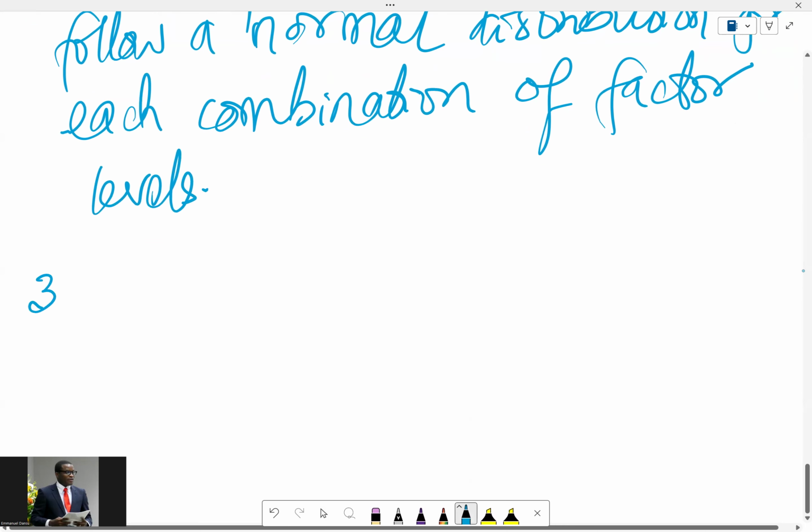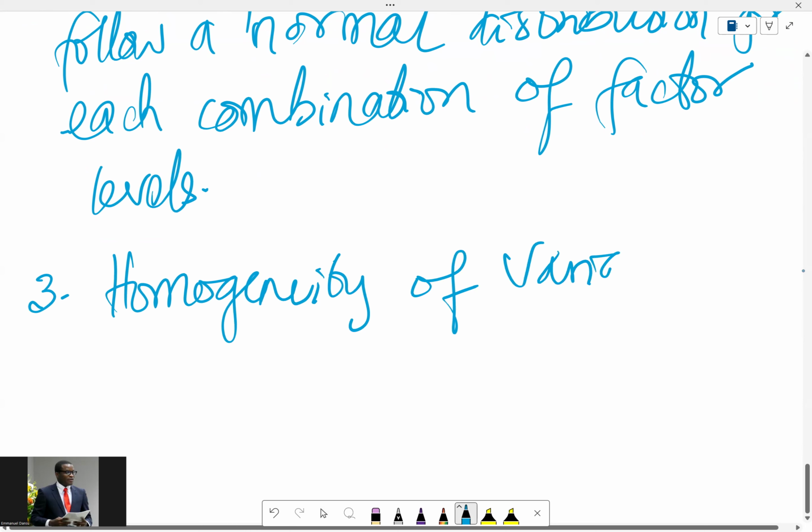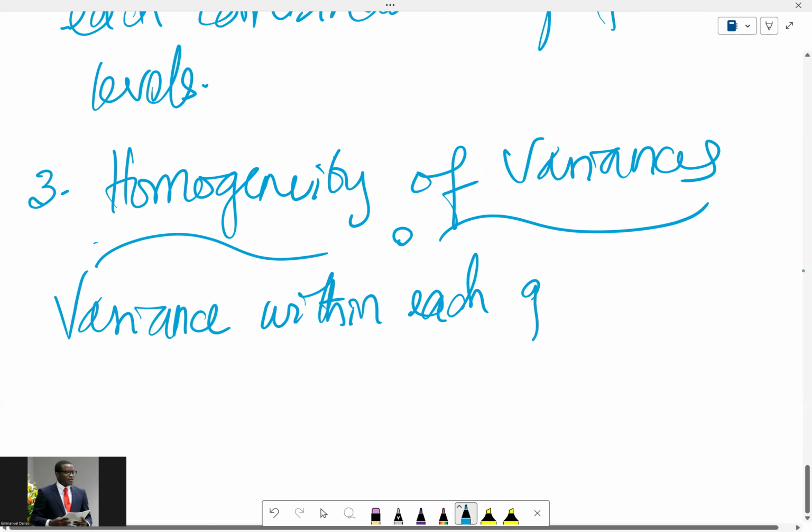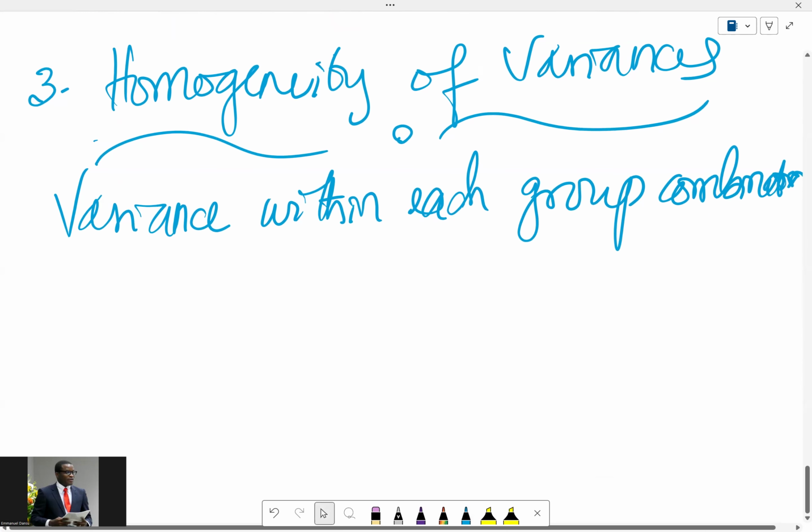Then, number three, we talk about homogeneity of variances. So the variances are homogeneous. This tells us that the variance within each group combination should be approximately equal.